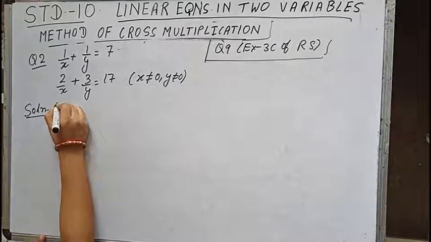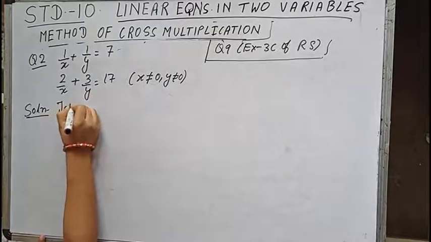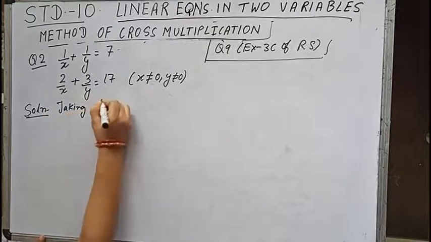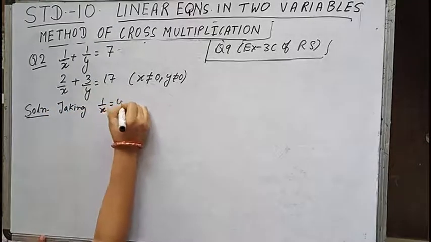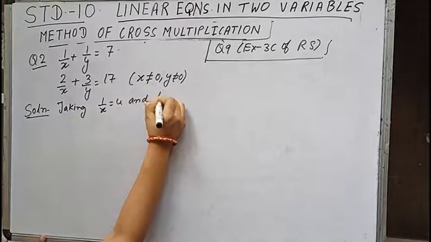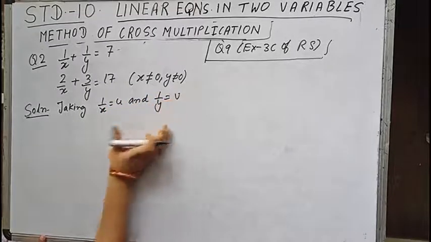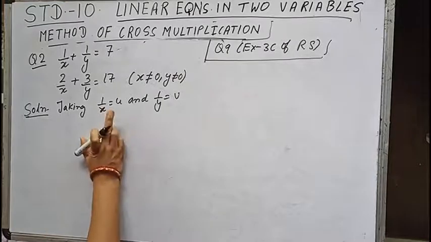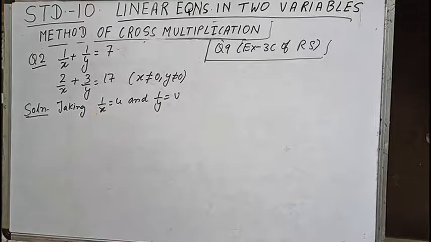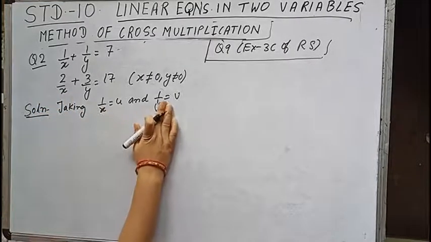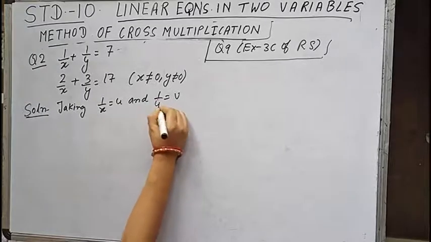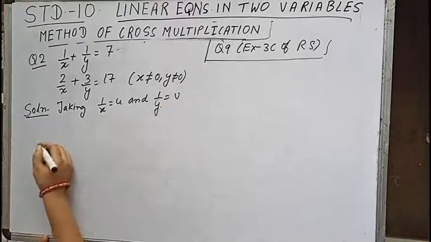Now, taking 1 by x equals to u and 1 by y equals to v. Now this type of the question, children, we have done in elimination method. Whenever the variables are in the denominator, we used to suppose that as some other variable. So let us start.